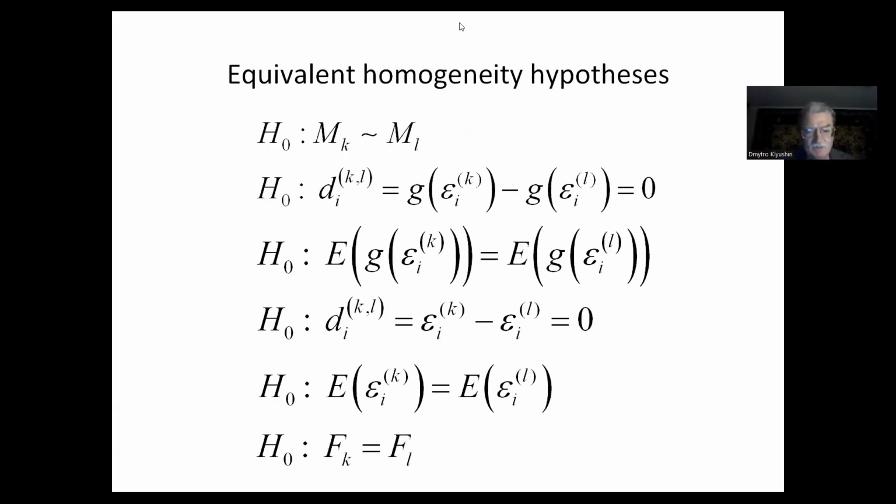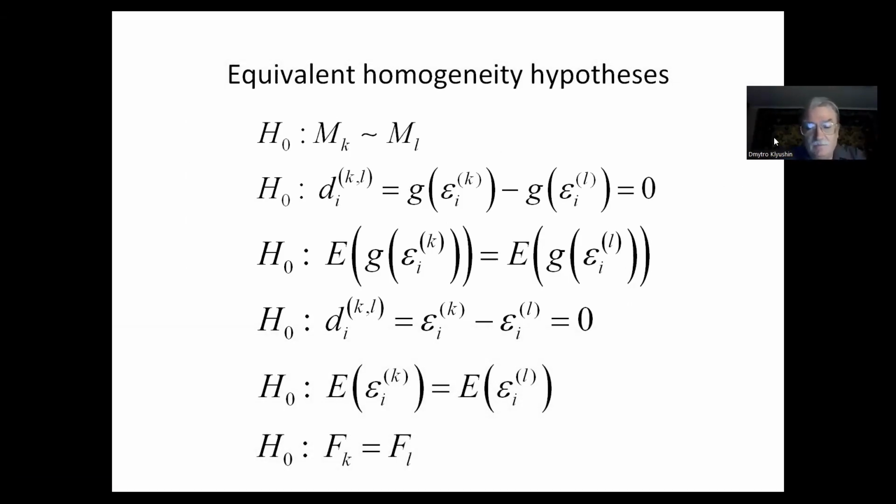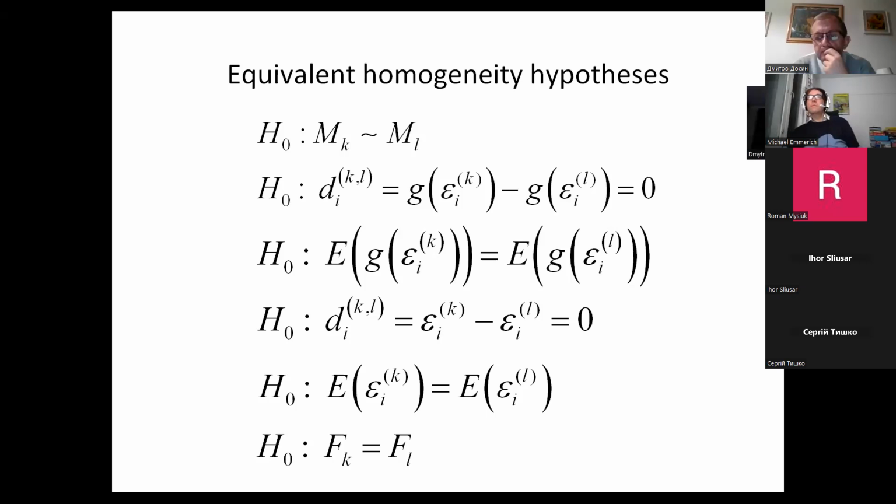The hypothesis about similar accuracy of models Mk and Ml is equivalent to the hypothesis that the mathematical expectation of the difference between loss functions calculated for the errors epsilon ik and epsilon il, respectively, for the models Mk and Ml, is equal to 0. Thus, the mathematical expectations of such loss functions are equal.